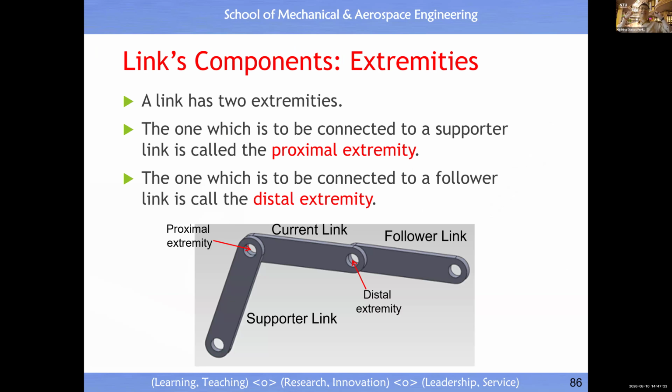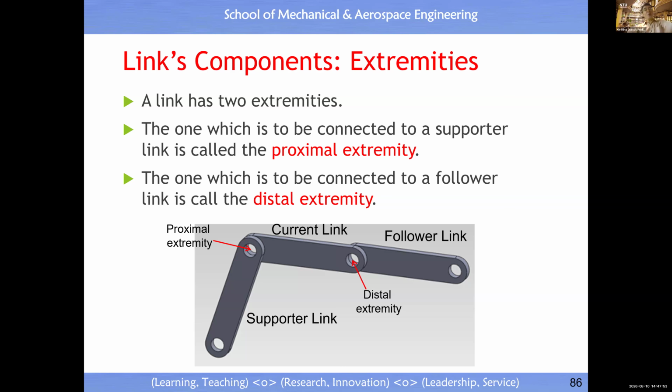An important parameter is the two extremities. You have one closer to the base link, and another far away from the base link, right? The one closer to the base link we call the proximal extremity. The other one is the distal extremity. Now you can ask yourself, where to attach the coordinate system to a link? Is it the proximal extremity or the distal extremity?